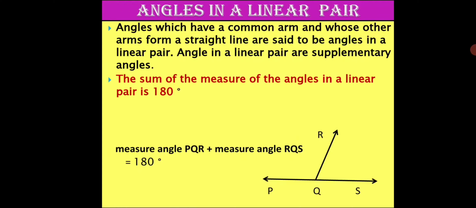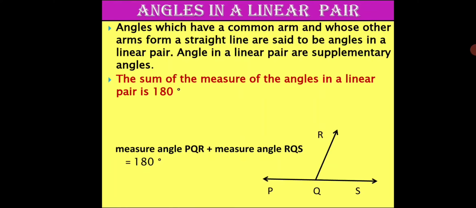See here the figure is given below. You can observe the figure. In this figure the angle PQR and the angle RQS are adjacent angles and are also supplementary angles.